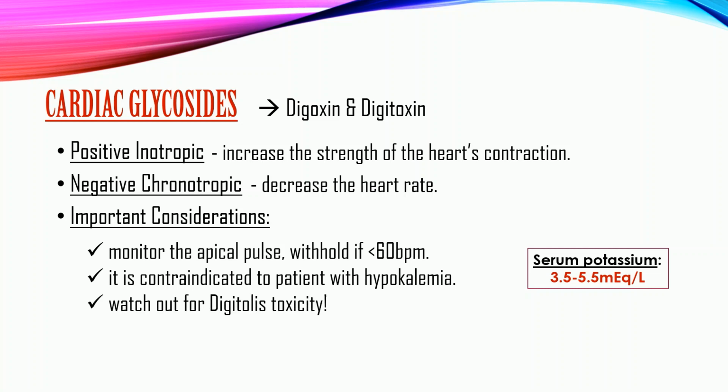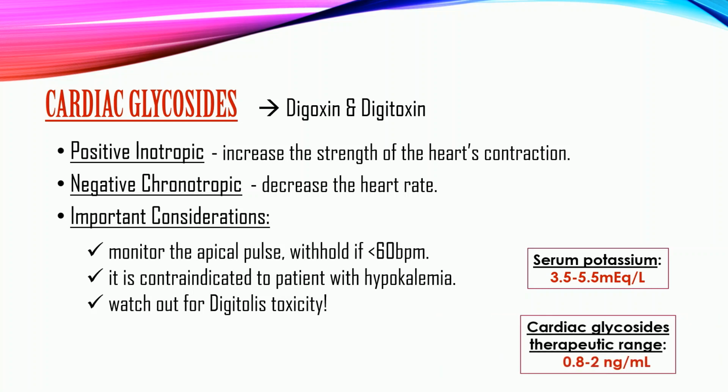We also have what we call digitalis toxicity. It is when the patient took too much digoxin or digitoxin and the therapeutic level is already beyond the normal range. The normal therapeutic range of cardiac glycosides in our blood is 0.8 to 2 ng per ml.